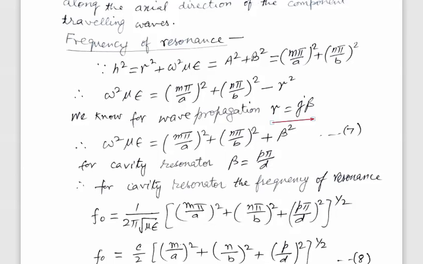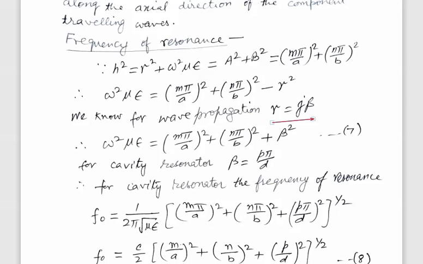So from these equations, omega square mu epsilon is given by (mπ/a) whole square plus (nπ/b) whole square plus beta square.